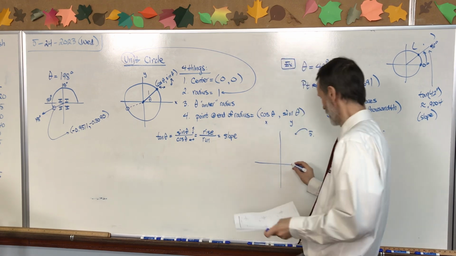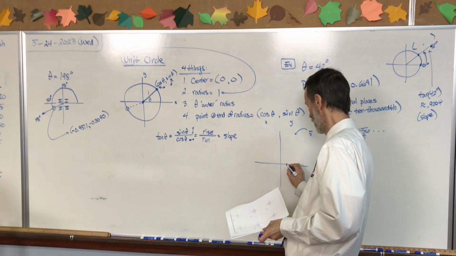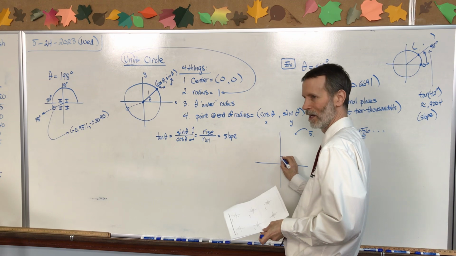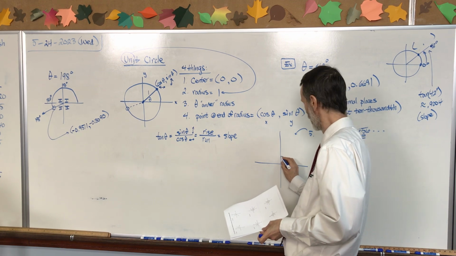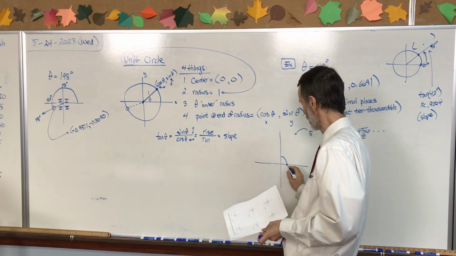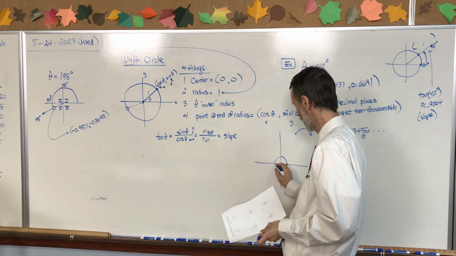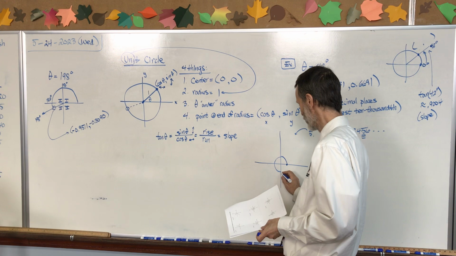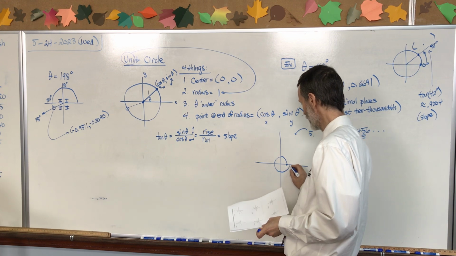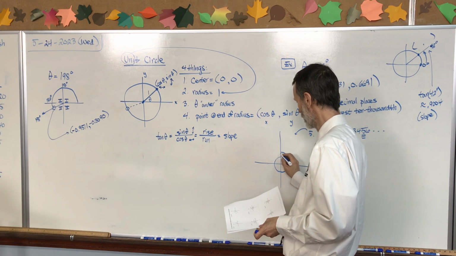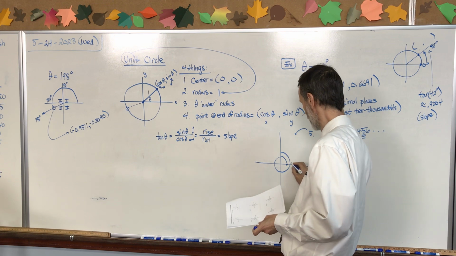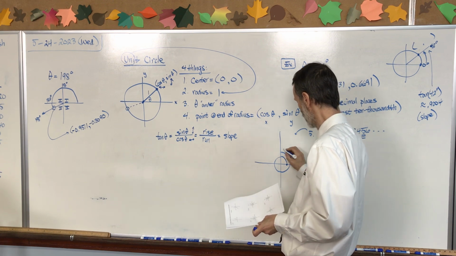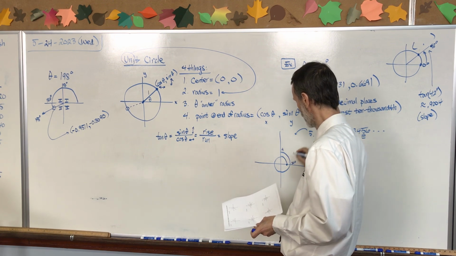510. Now, start from 0. How many degrees so far? 90. Keep going. 180. 270. 360. Anybody know this one? 410?